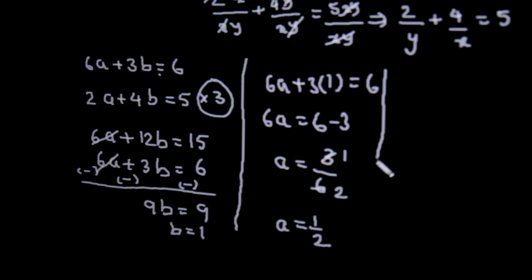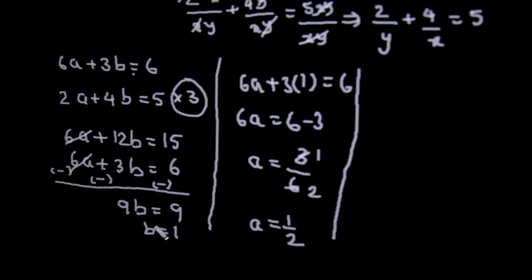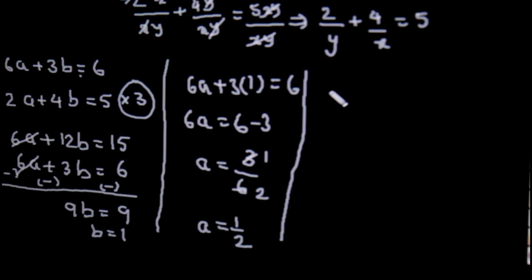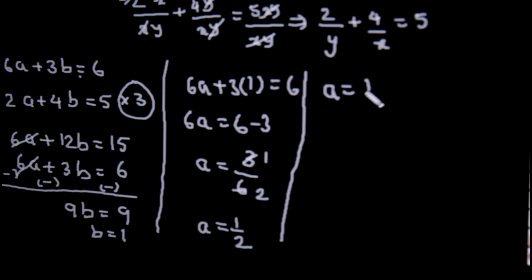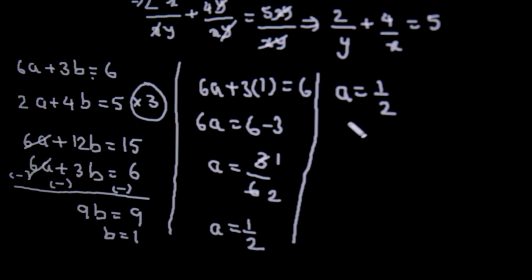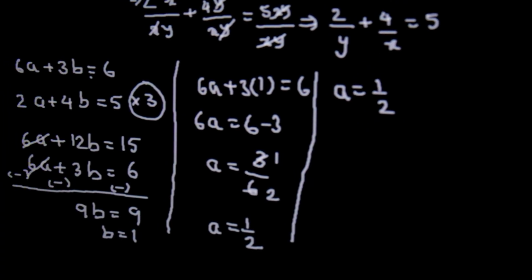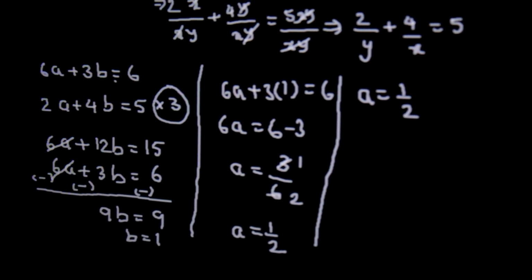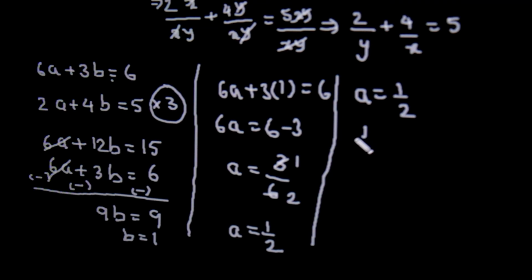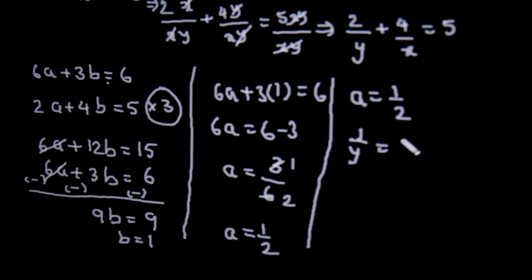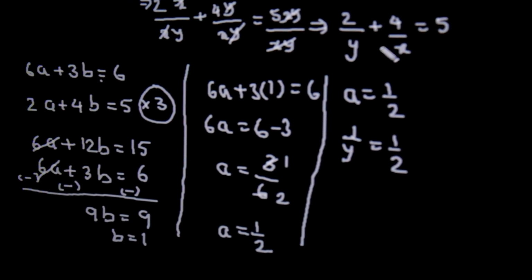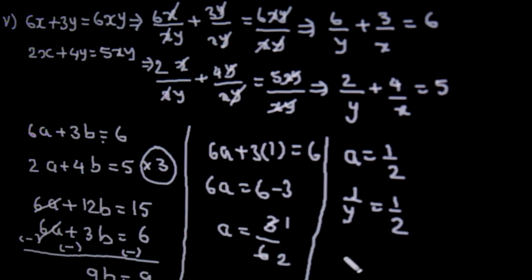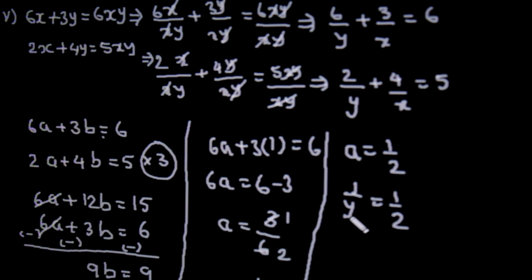Now, this is not the end of the problem. a is equal to 1 by 2. What is a? a is this one, 1 by y is equal to 1 by 2. 1 by y is a, 1 by x is b. 1 by y is equal to this one.